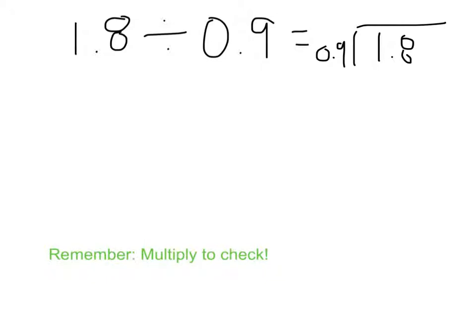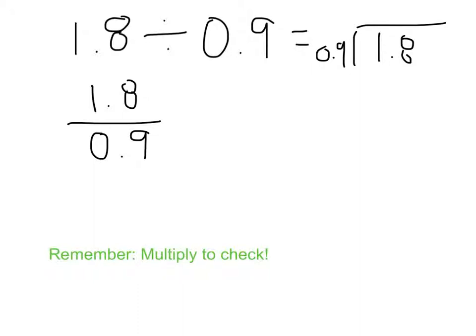Is it the dividend over the divisor, or is it the divisor over the dividend? So to write this in fraction form, it's 1.8 over 0.9, right? Remember, it's always the dividend over the divisor because it's the dividend divided by the divisor.